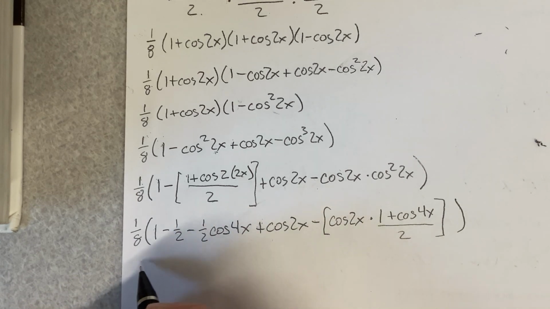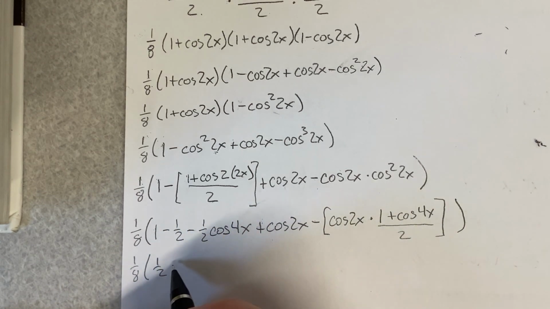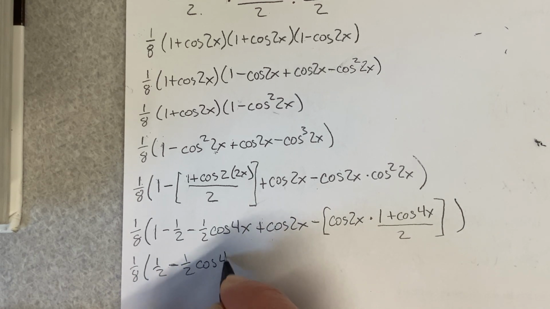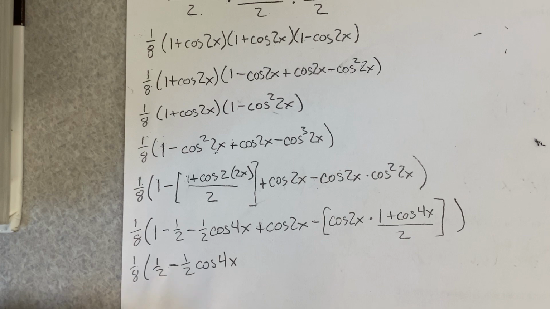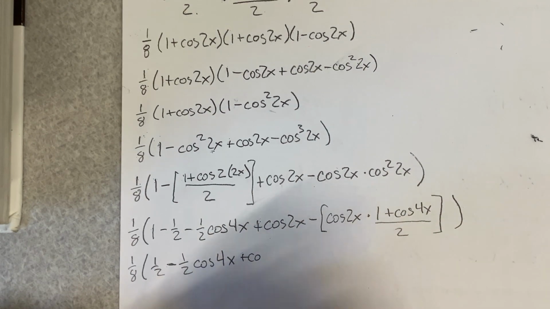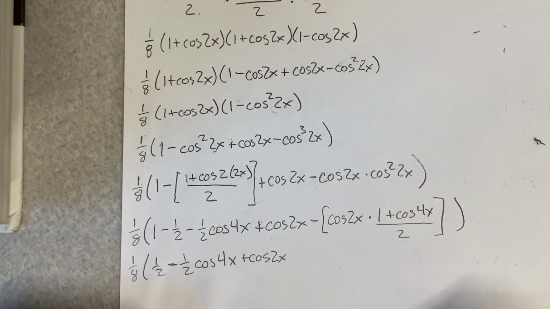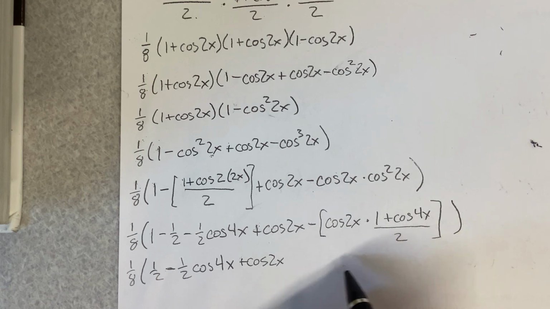So here's like terms. So this is going to be a 1/2. We're going to leave this one alone, minus 1/2 cosine of 4x. All right. And so now I'm going to distribute some things around.